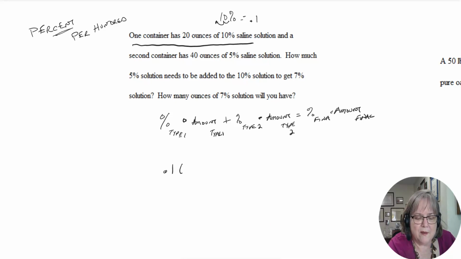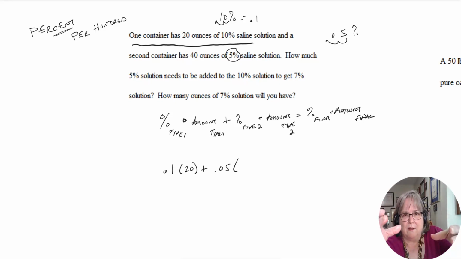What's my amount? 20 ounces plus, all right? Now my next percentage is 5%, and for 5% we move 2 places. It's 0.05. Okay, how much am I going to use?